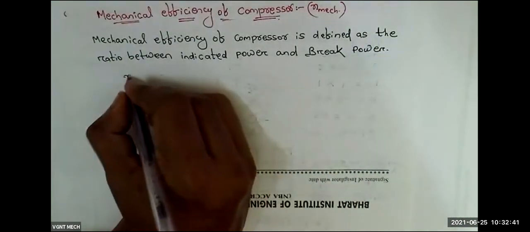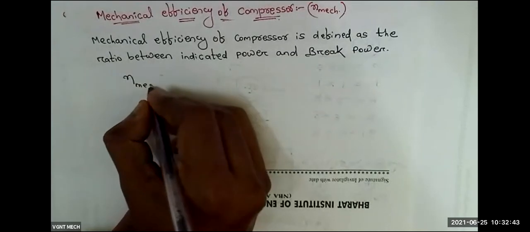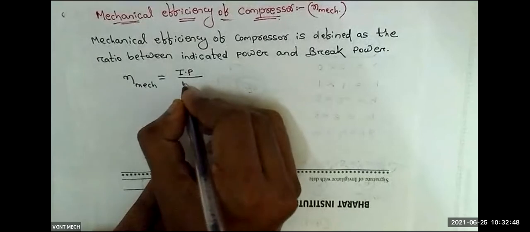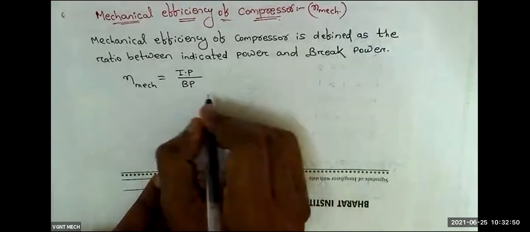So if we write it, mechanical efficiency equals indicated power divided by brake power.